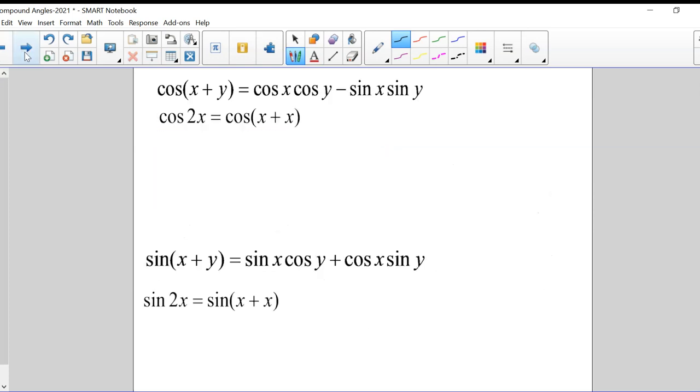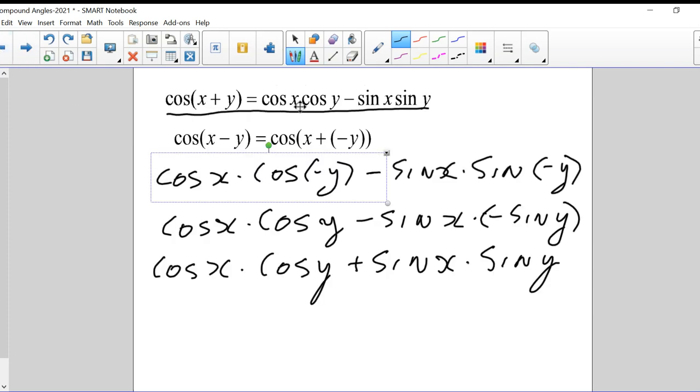The third page of this is how can we use it to come up with what's called a double angle formula. What if I was trying to find the cosine of 2x or the sine of 2x? Well, one way I could do that, and remember, this is from the previous page, if you go back to the previous page and have a look, cos x plus y is equal to cos x cos y minus sine x sine y.